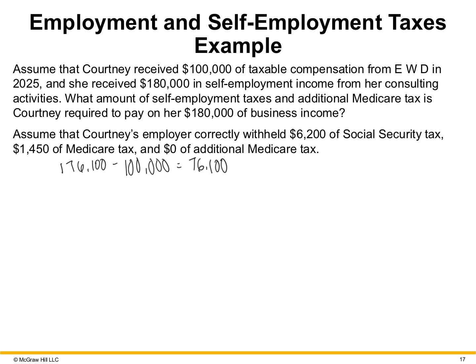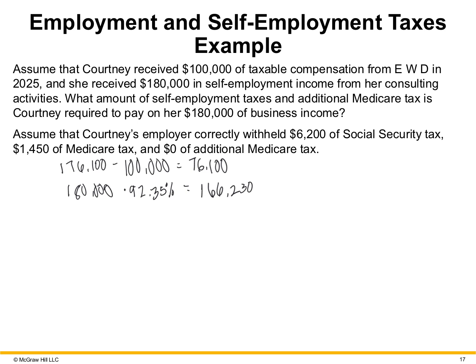When we look at our net earnings from self-employment, so that's the number we're comparing to, our net earnings from self-employment is the $180,000 from the consulting business multiplied by that 92.35%, and that gets us $166,230.